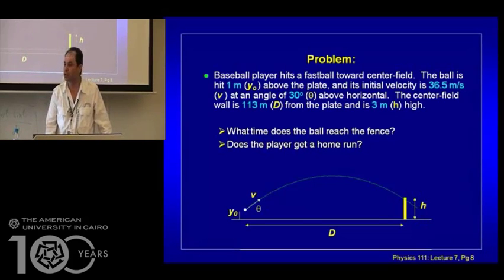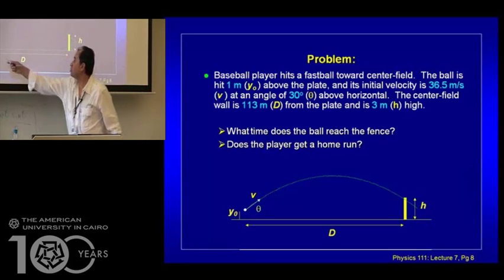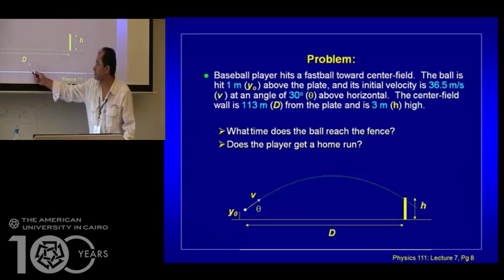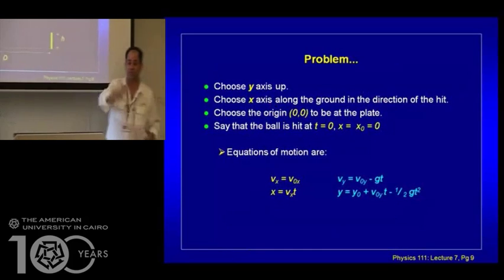So Ali said, well, we know that it's going to reach the wall after it travels a distance equal to 113 along the x-axis, and the time t, did you calculate that?